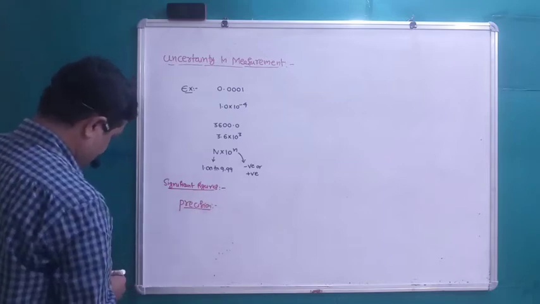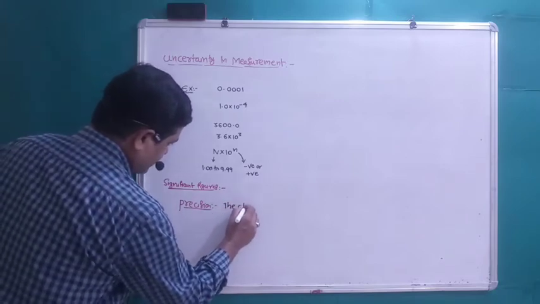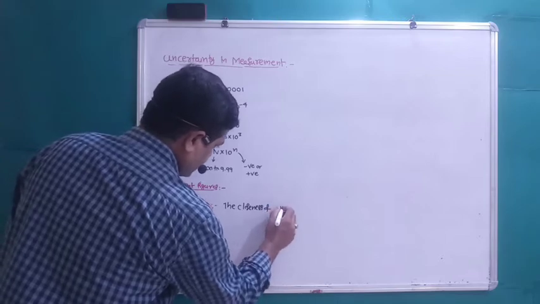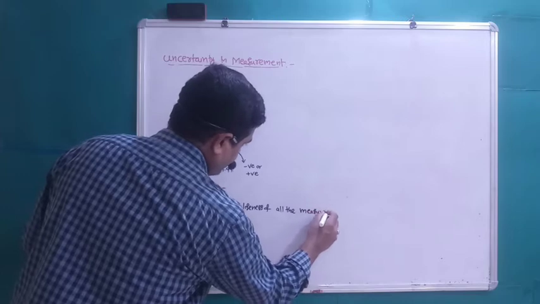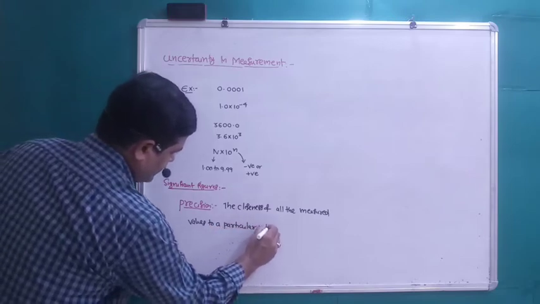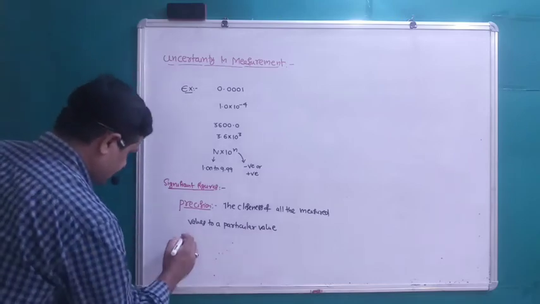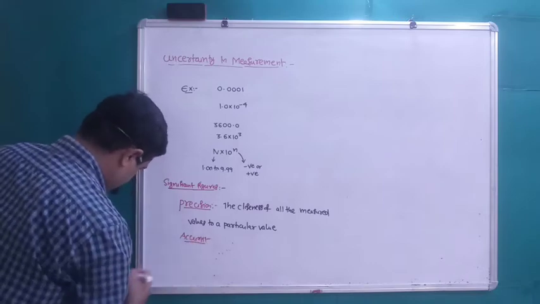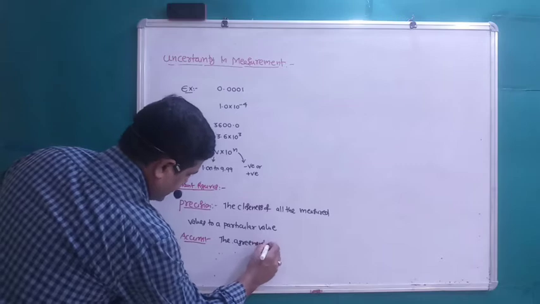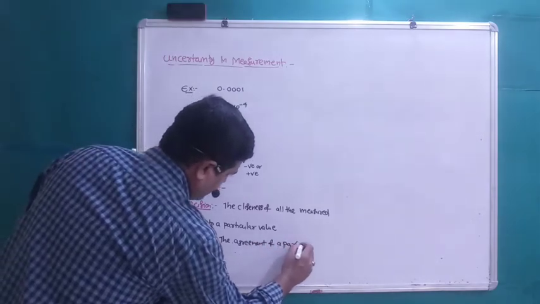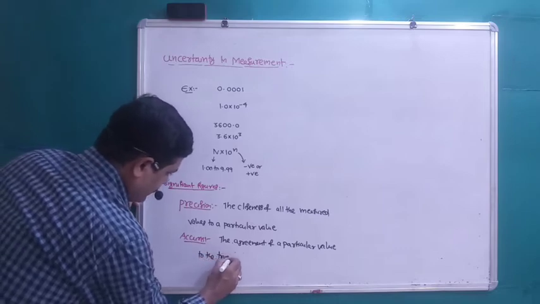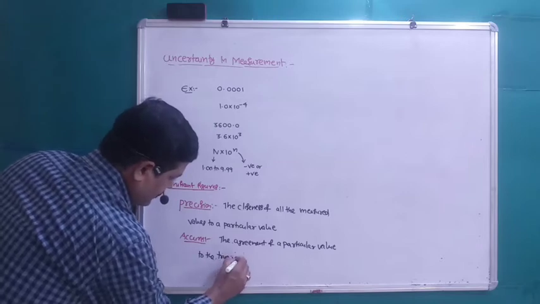Precision is the closeness of all the measured values to a particular value, and accuracy is the agreement of a particular value to the true value of the result.